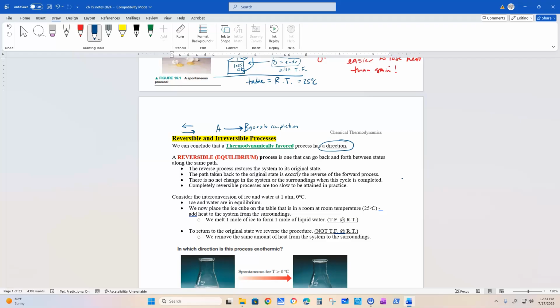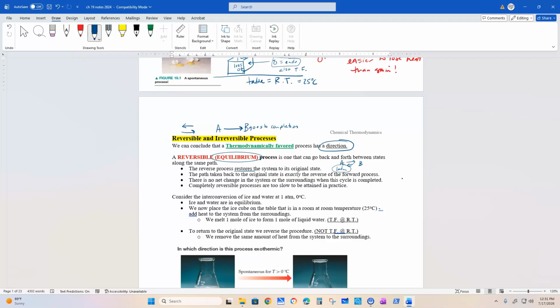So reversible reactions, aka equilibrium. In one direction, the reaction can go back and forth between states, but along the same path. And what they mean by the same path, that they're talking about like endo versus exo. So reversible process can restore the system to its original state. So if you have A makes B, and you start with 1 ATM, and you start the reaction, you're going to restore it back to its original condition.